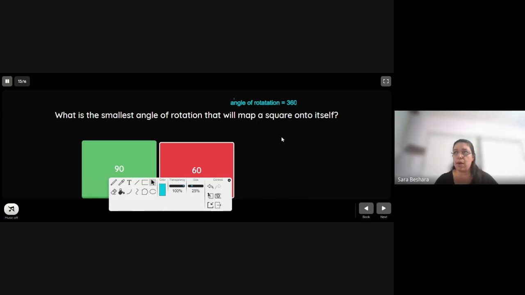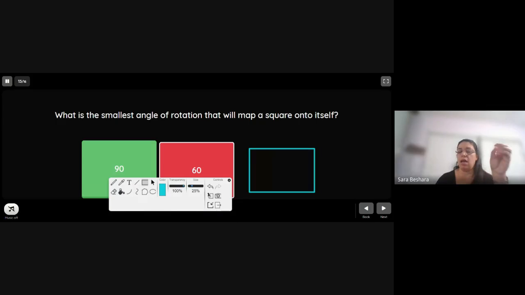And since it's a square, n is 4 sides. So to find the angle of rotation in a square, you divide 360 by n, and that would be 360 over 4.